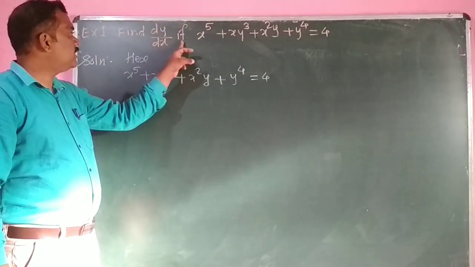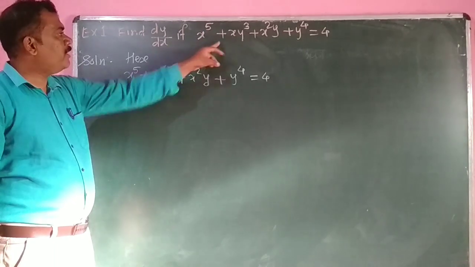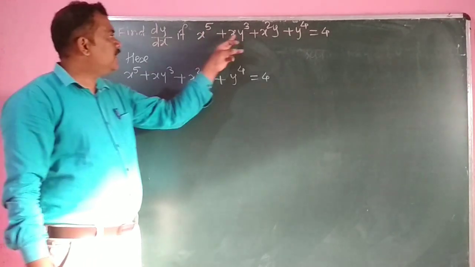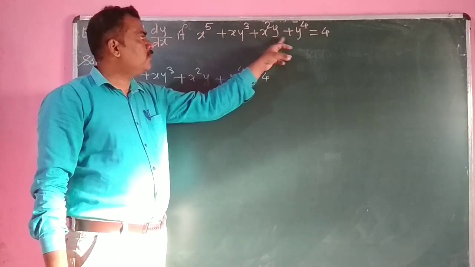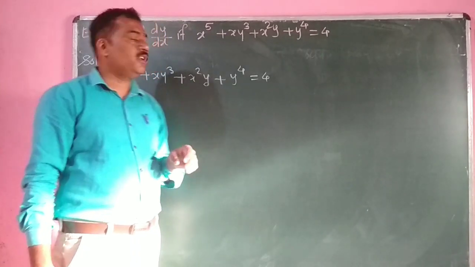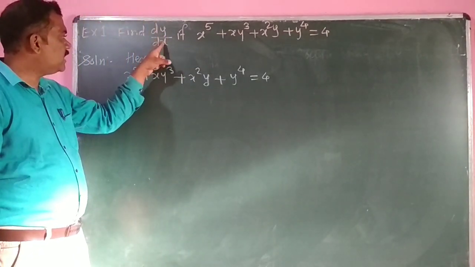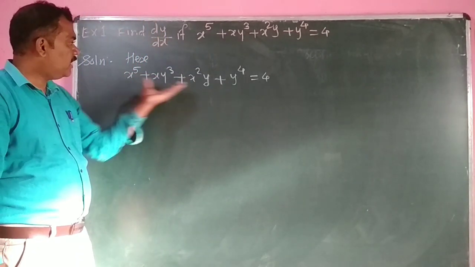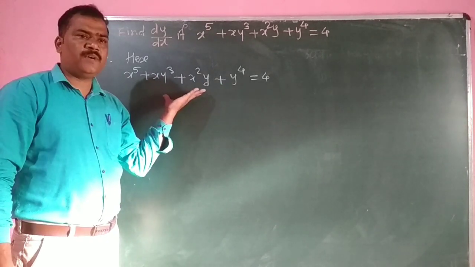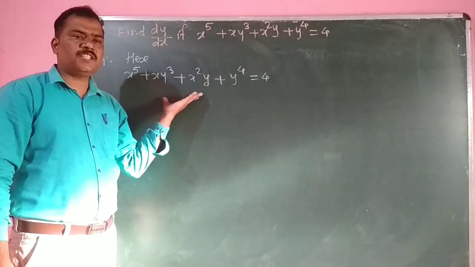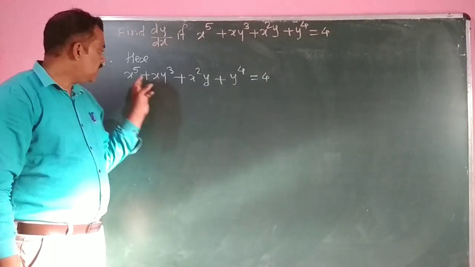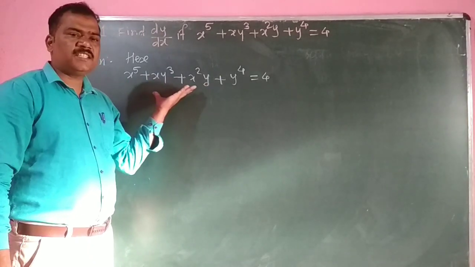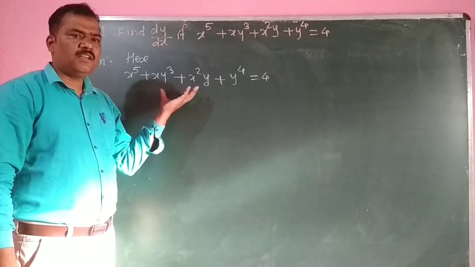Find dy/dx if x raised to 5 plus x into y cube plus x square into y plus y raised to 4 is equal to 4. We have to find dy/dx, which means x is the independent variable, so we differentiate the given implicit function with respect to x. Why is it called implicit? Here both x and y are mixed together.